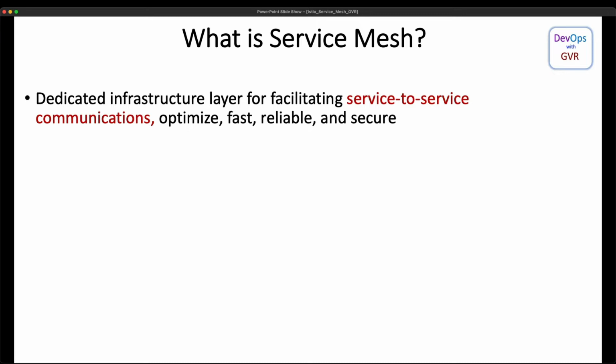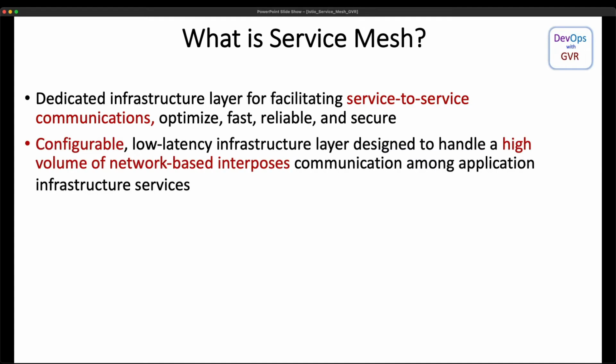That means it's a service to service communication. So basically it's fast, open, reliable and secure. Then another definition is Istio service mesh is basically an infrastructure layer. That's number one. Second, it's configurable and low latency, and it will give you the facility to handle a high volume of network based interprocess communication.